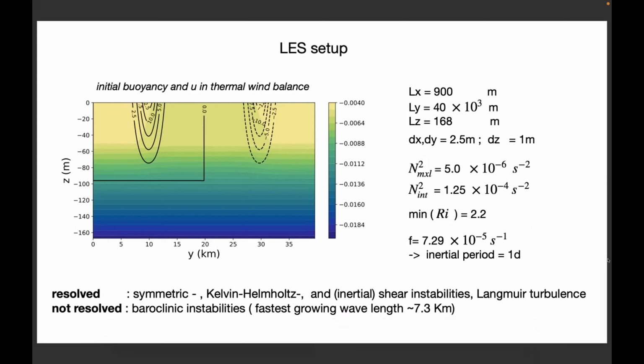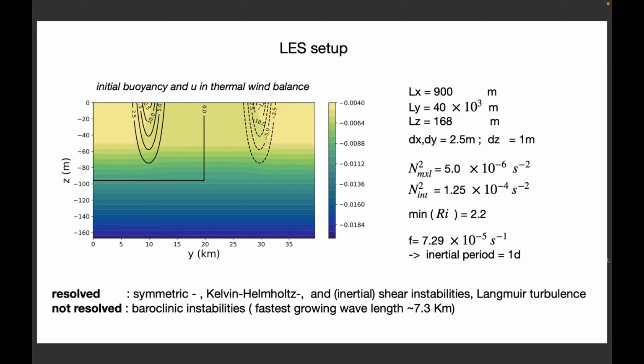We have a highly anisotropic model domain, in the along-front direction of only 900 meters, but in the cross-frontal direction it is 40 kilometers. The horizontal grid resolution is 2.5 meters and 1 meter in the vertical. The minimum Richardson number is 2.2, so that it's stable to symmetric instability in the first place.